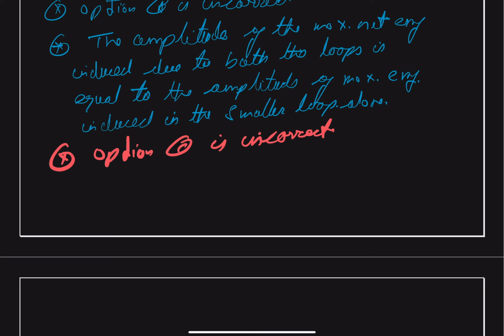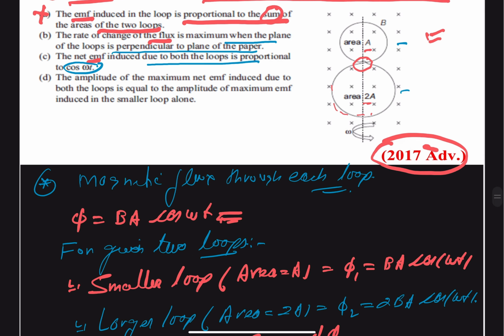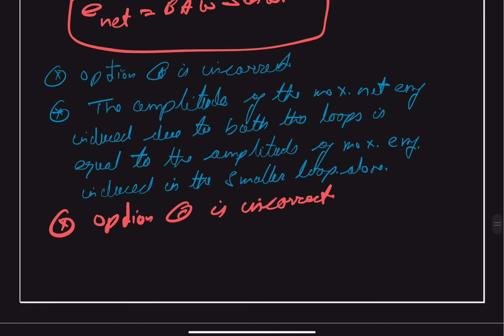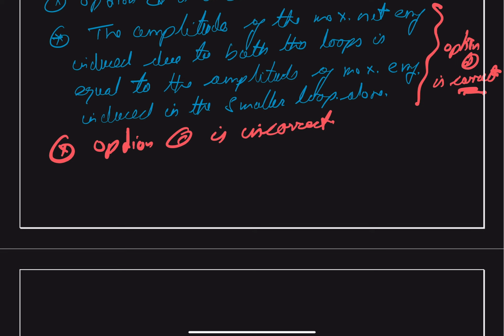And finally, we come to option D. The amplitude of this is option D, so it is the correct one. This is also correct. And we come to the option regarding rate of change of flux.